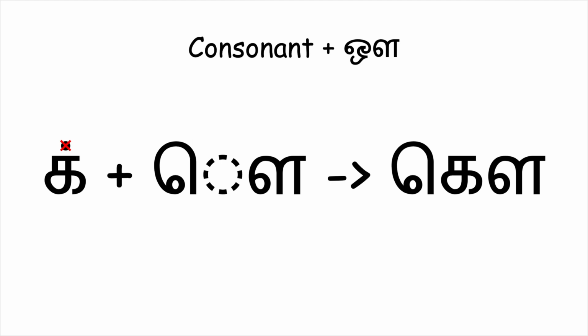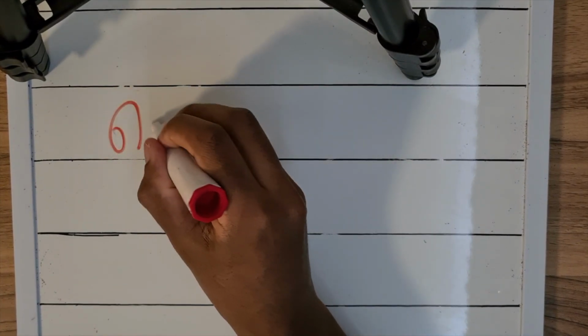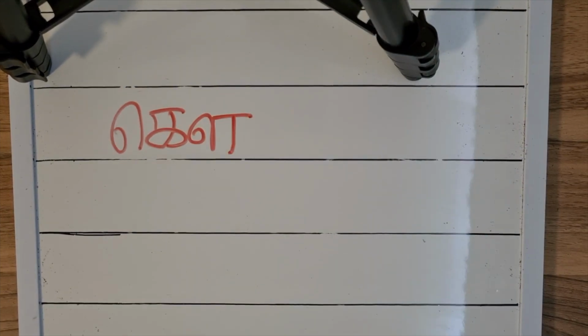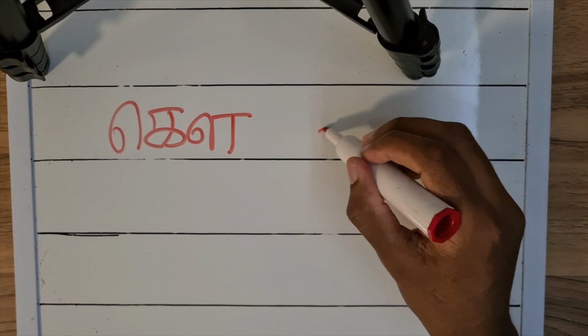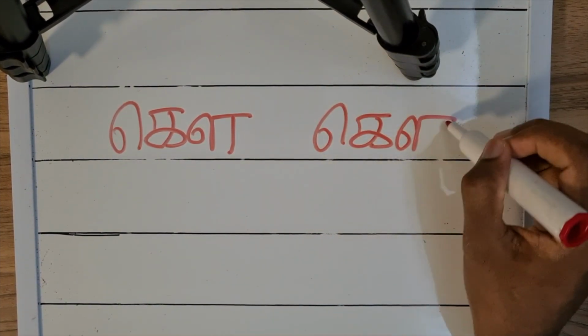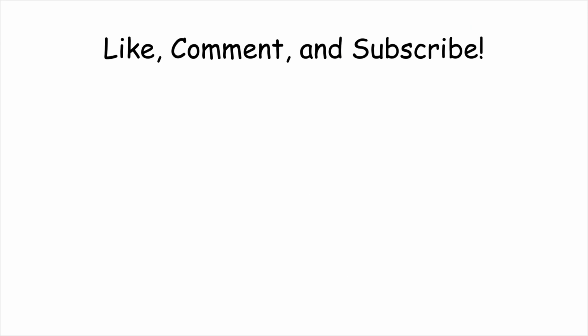Let me show you how to write kau. An example word that starts with kau is kaudavam, which means honor.